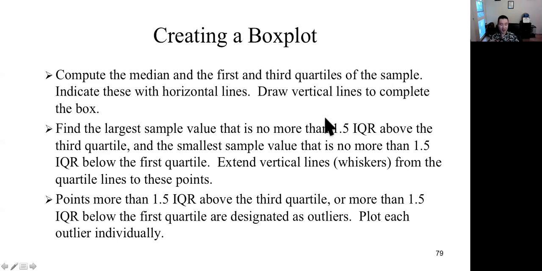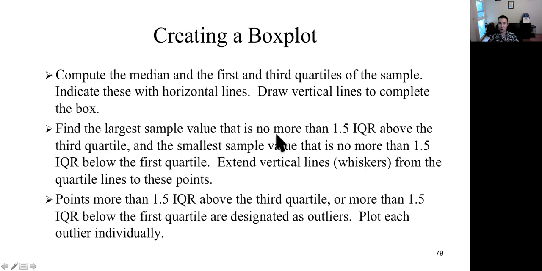Then we should find the largest sample which is less than 1.5 IQR above the third quartile, and also the smallest sample value within 1.5 IQR below the first quartile. IQR is the interquartile range between the first and third quartile. Then we draw vertical lines, which we call whiskers.